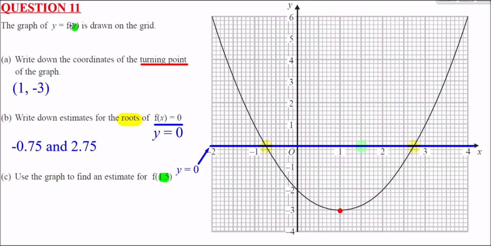So highlight where x is 1.5, and then we're going to read down till we hit the graph and then along to find the corresponding y value. And y is f of 1.5. So we're going to go down and along. You can see here it's about minus 2.8. So f of 1.5 is about minus 2.8, according to how you read the graph.